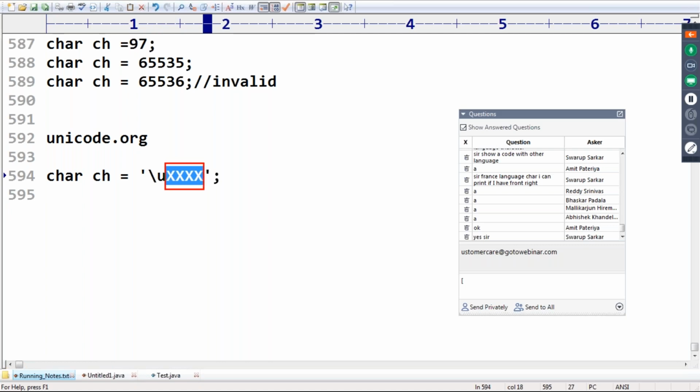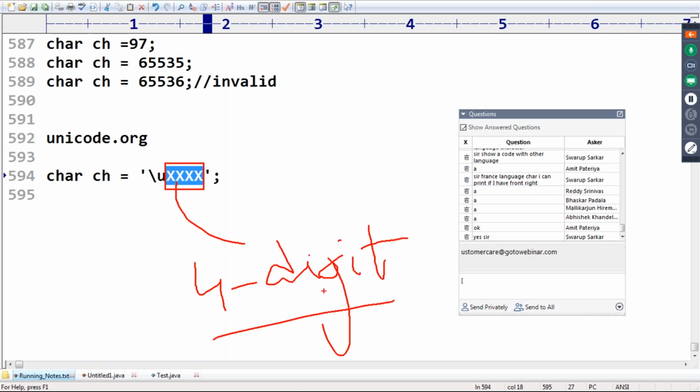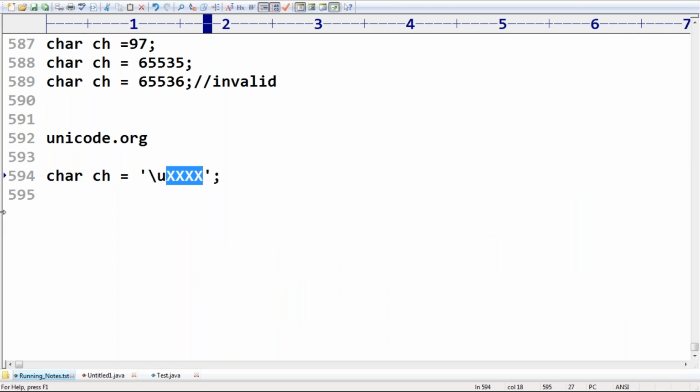What is this number? A 4-digit hexadecimal number we require. Remember this one. Like char ch is equal to \u followed by the 4-digit hexadecimal number.